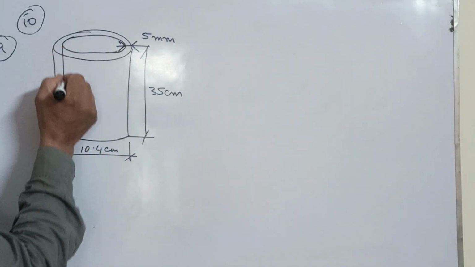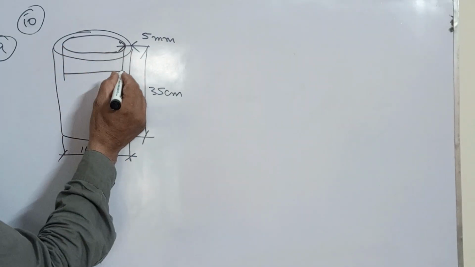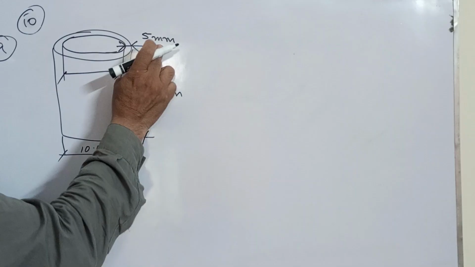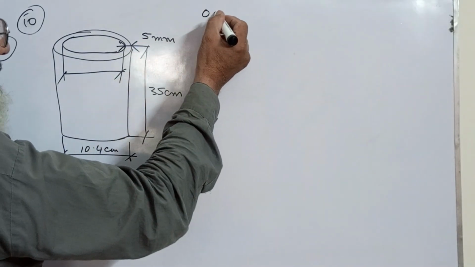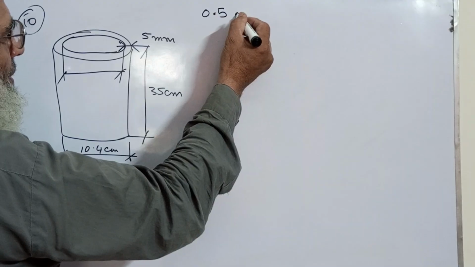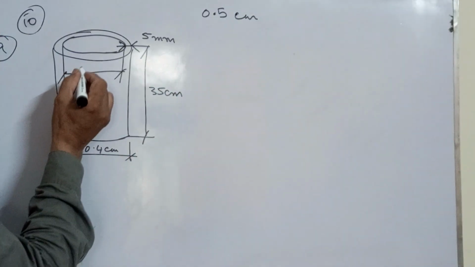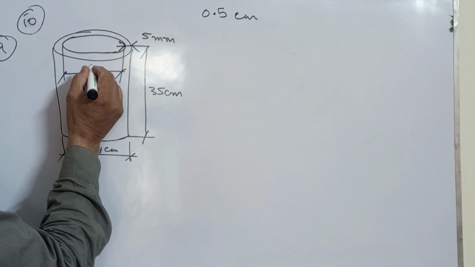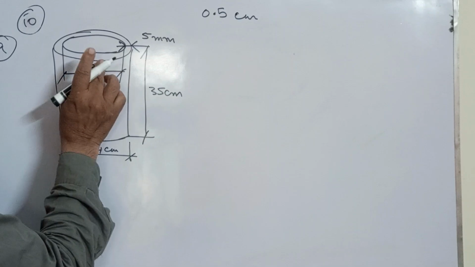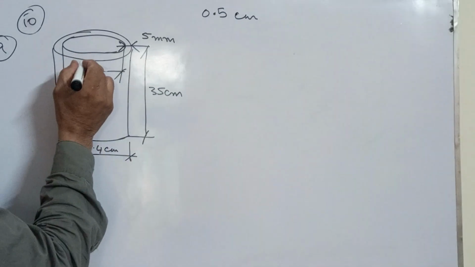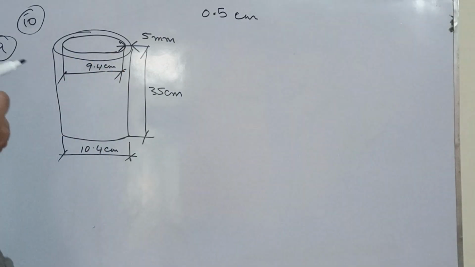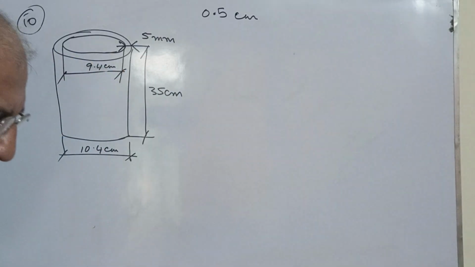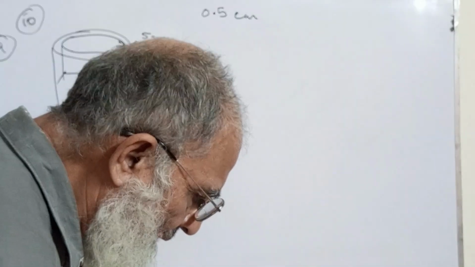And of course, the interior diameter will be 1 less, because 5 millimeter is 0.5 centimeter. So this is not asked. Anyway, I am going to write it, 9.4. Okay. Now this is done. Part A is done.